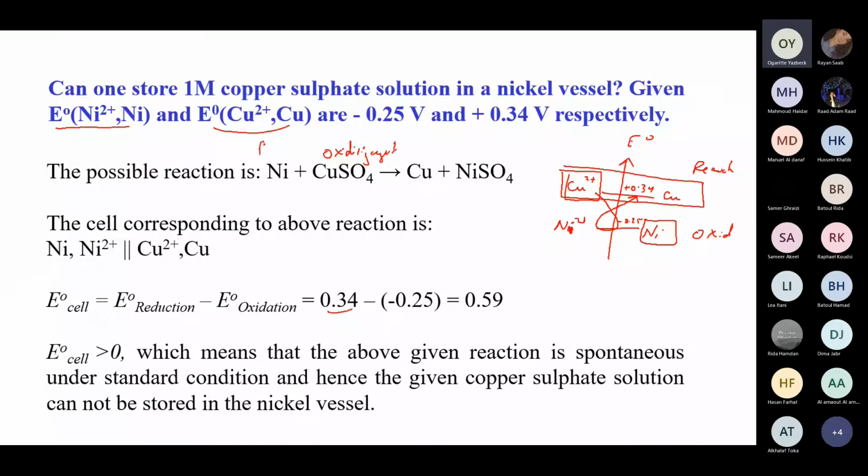And the nickel will be my reducing agent. Are we clear? If I want the overall reaction, this would be it. And that's not the point. The point is, no, I cannot store copper with the nickel because the reaction is spontaneous. And that's all.